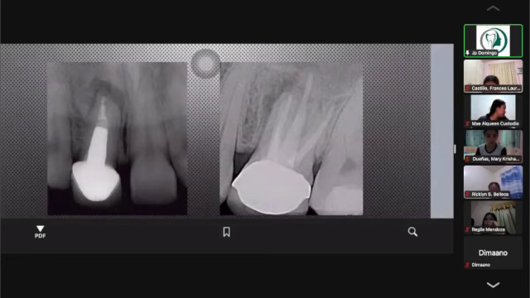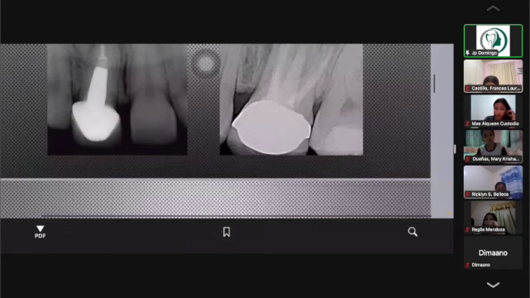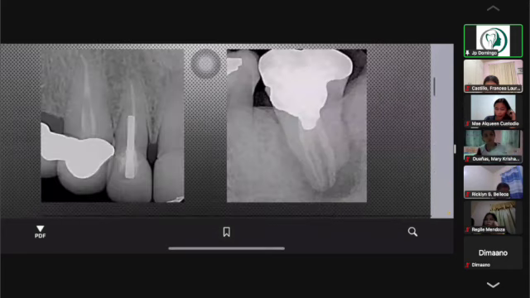This case has persistent pain because of overfilling of the canals of this molar. Okay. So these are also indicated for surgical endodontics.